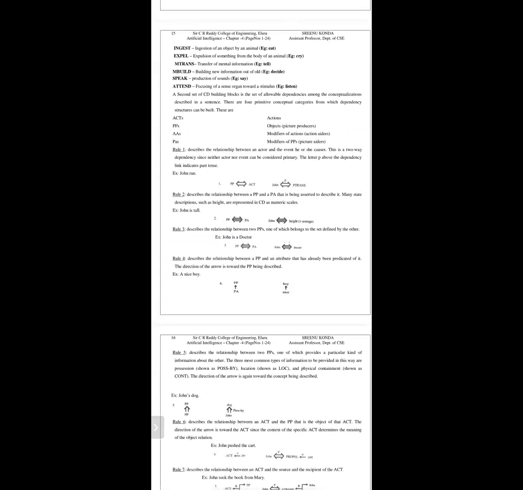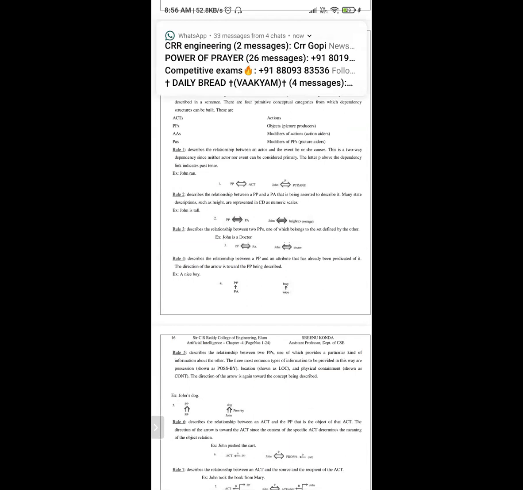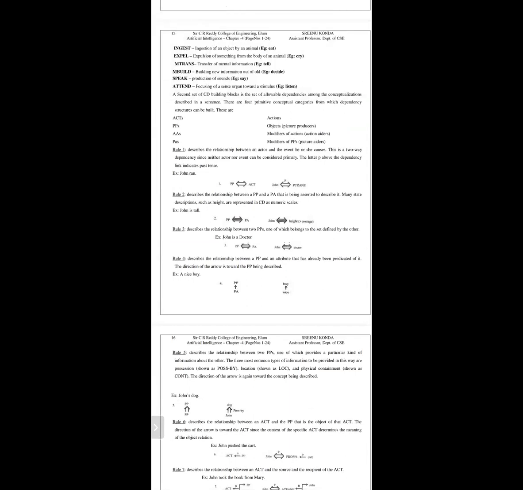Rule number 2 is PP triple line double arrow PA. It describes the relationship between a PP and a PA, picture producer and picture aider. For example, John is tall.